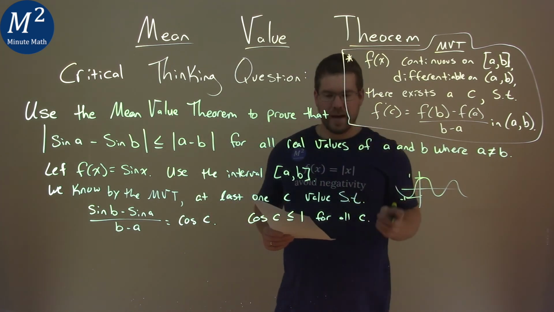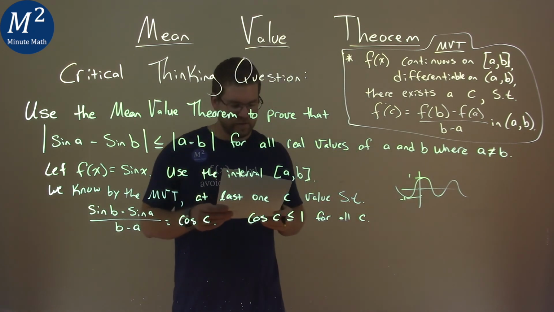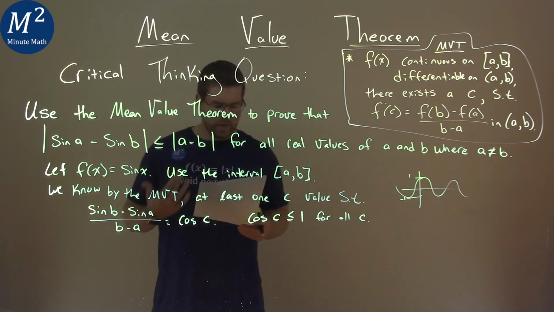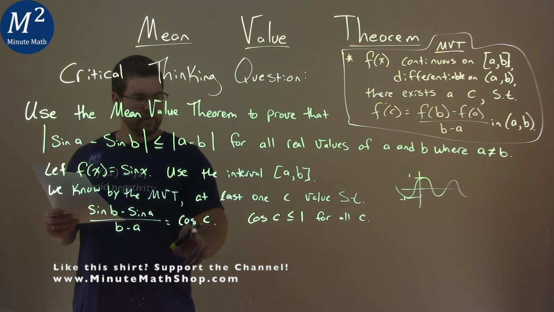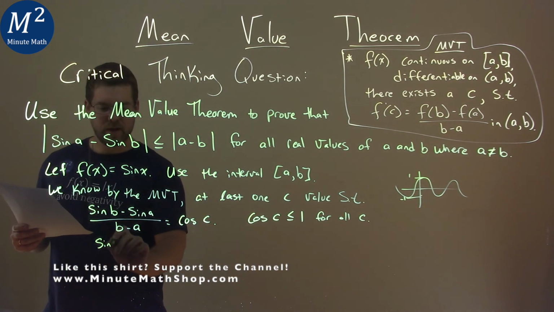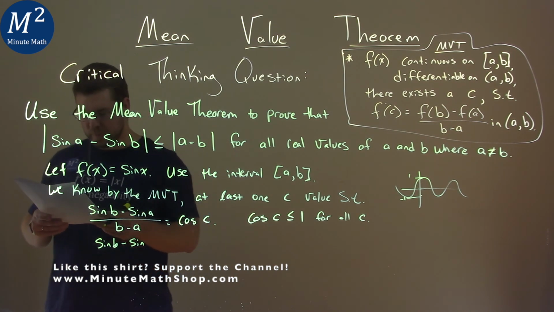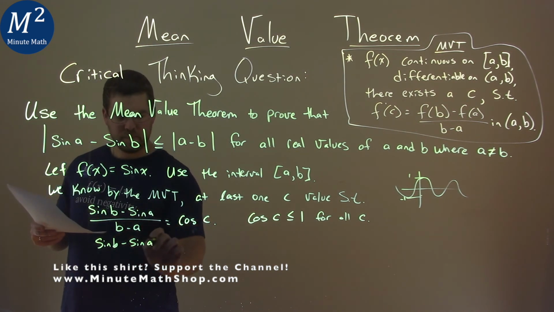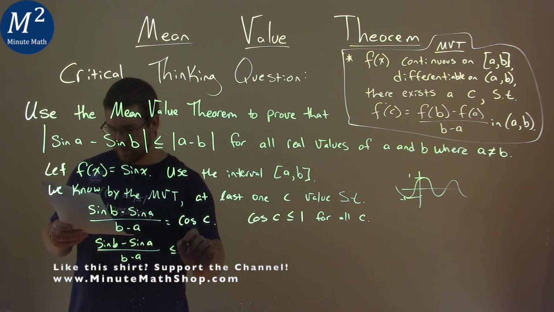But the cosine of c has to be less than or equal to 1 for all values of c. So then we know that we can replace cosine of c with the sine of b minus the sine of a over b minus a is less than or equal to 1.